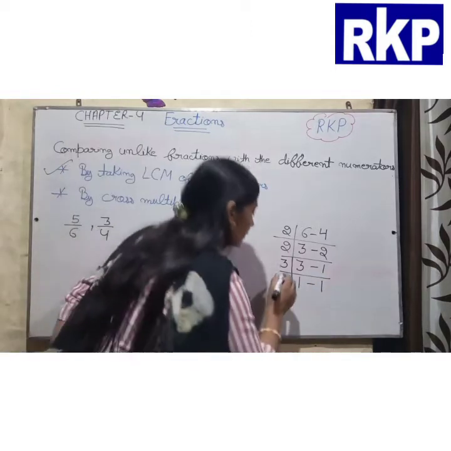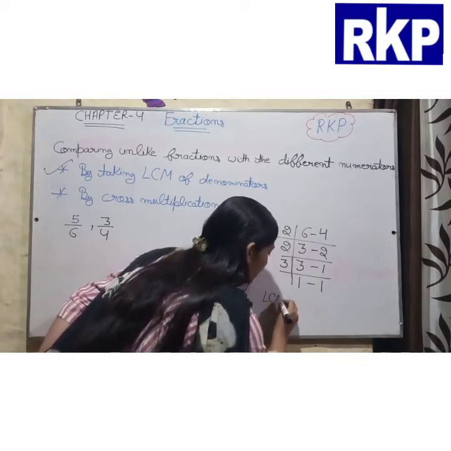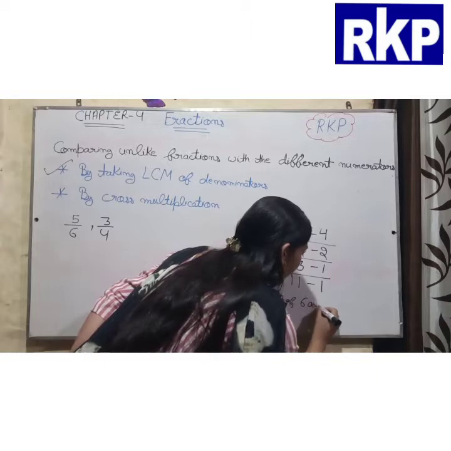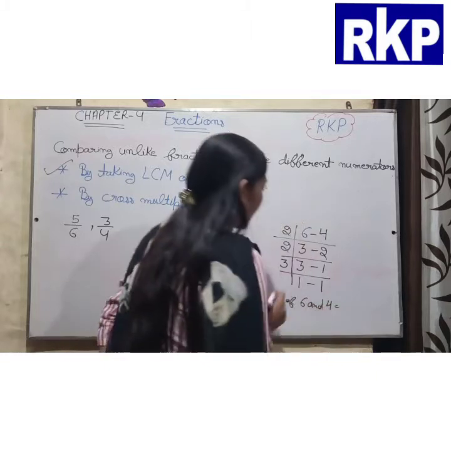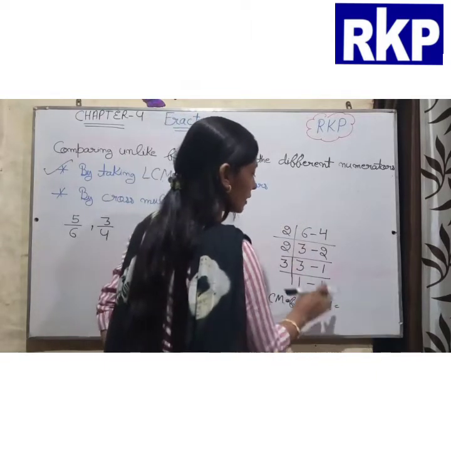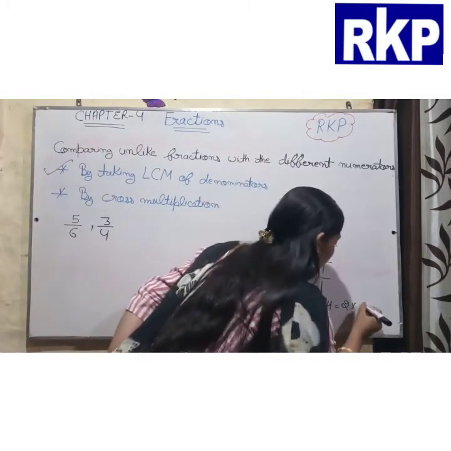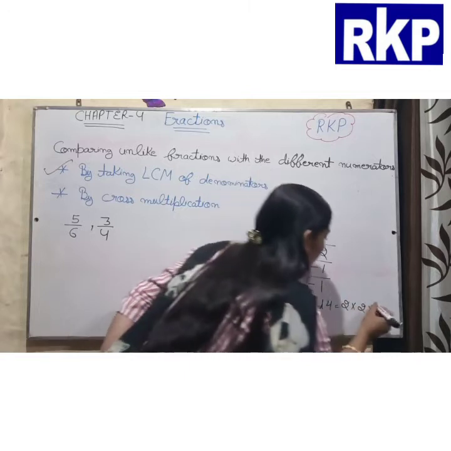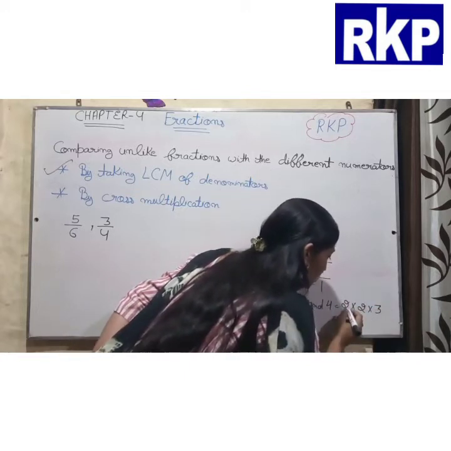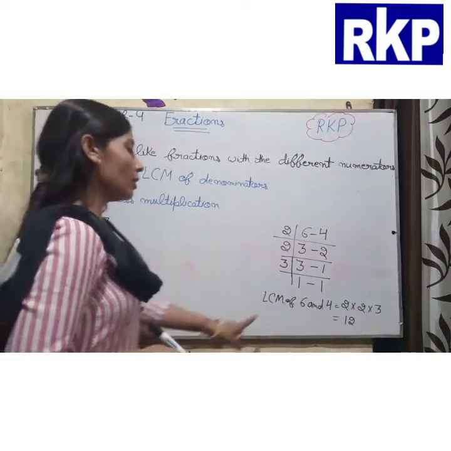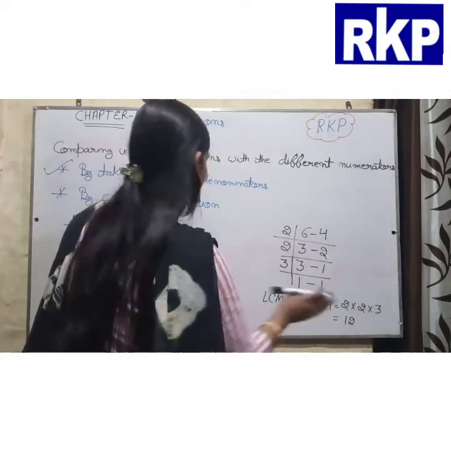Now stop here and write the LCM of 6 and 4. The LCM of 6 and 4 will be 2 into 2 into 3, means 2 twos are 4, 3 fours are 12. Now we have LCM 12.